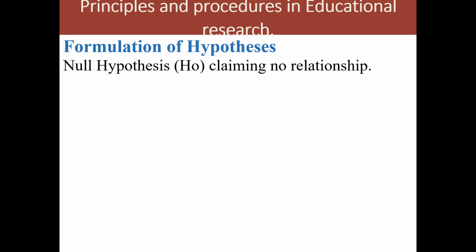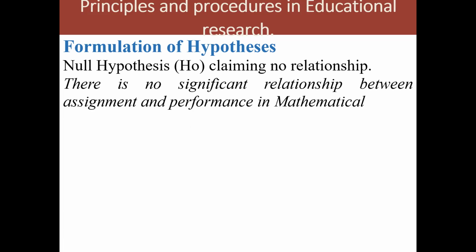So the null hypothesis will always claim that there is no relationship. And this is how it is framed: there is no significant relationship between assignment and performance in mathematics.